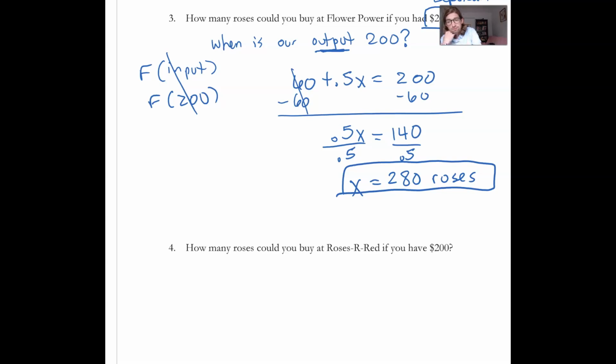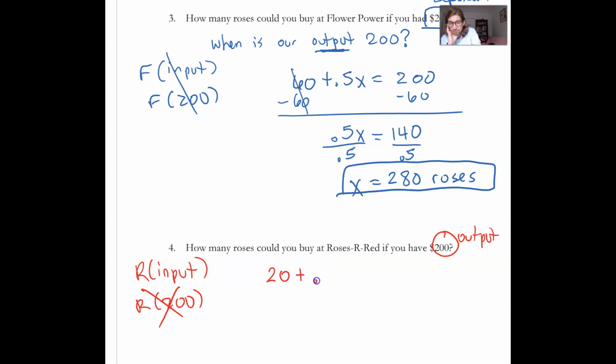Same problem for Roses Are Red. $200. If you were to do R of 200, that is going to be incorrect because this is our output. And when we want to calculate something for the output, we take our rule, 20 plus 0.75x, that's for Roses Are Red, and we want to know when it's equal to the output. Same problem with the other function.